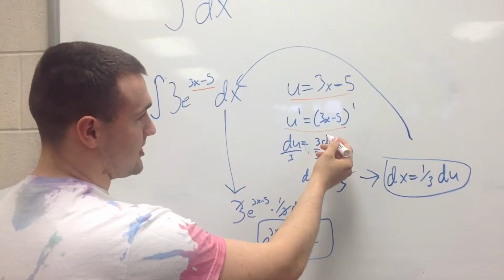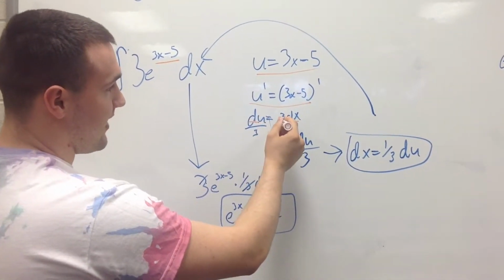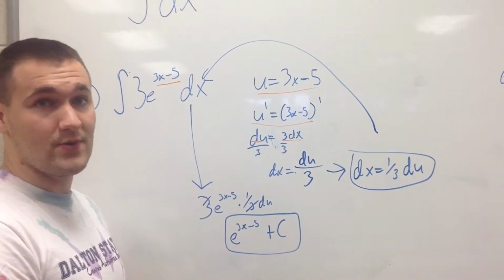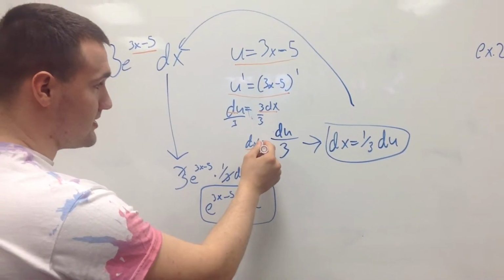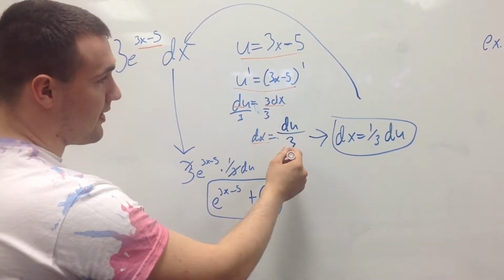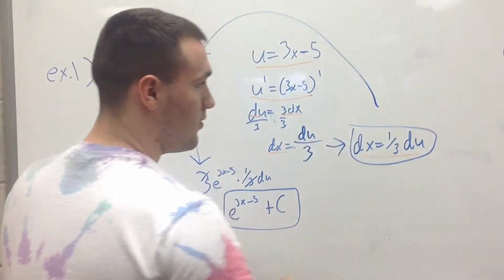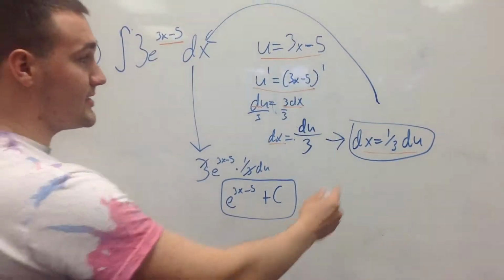The 3x is just 3. That's leaving you with 3 dx equals du. You're going to divide both sides by 3 to get your dx, because that is the whole purpose of taking the derivative, figuring out what your dx is equal to. In which case, dx is going to equal du divided by 3, which can also be thought of as dx equals 1/3 du.